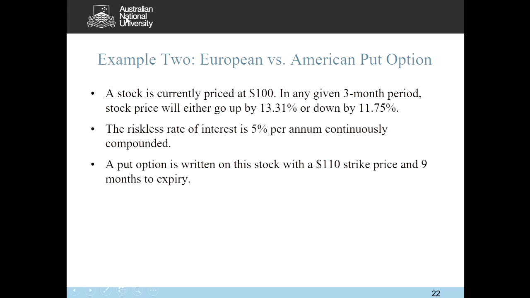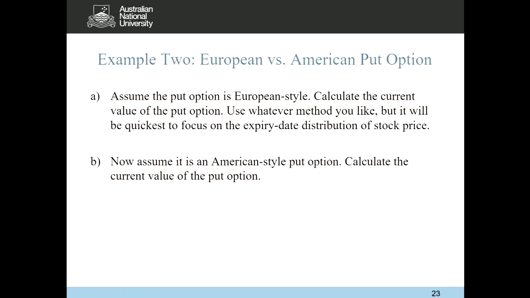So the key information is here. The time to expiry is 9 months, and the question says in a given 3 month period. So in other words, we're going to split 9 months into three 3-month periods, which means we have a 3-step tree here. Again, the question says first assume this option is European style, then part B says assume this option is American style, and calculate the price for those.